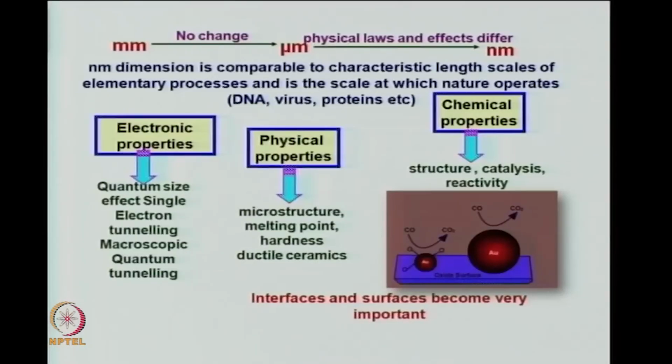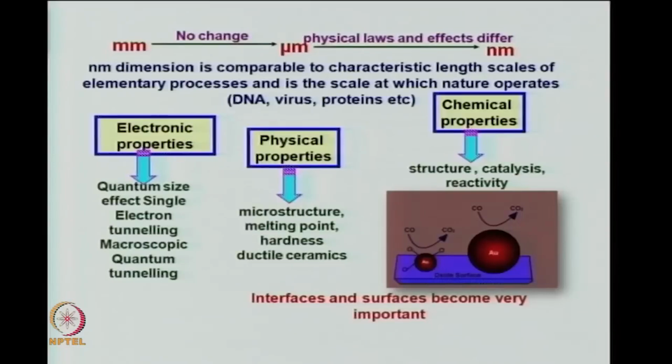So, electronic properties change, like you have new effects called quantum size effects, and examples are single electron tunneling or macroscopic quantum tunneling. These are seen whenever you confine electrons and you start seeing these quantum effects. Physical properties like melting point, hardness, etc., are also dependent on the size of the particles, and we see them in many cases.